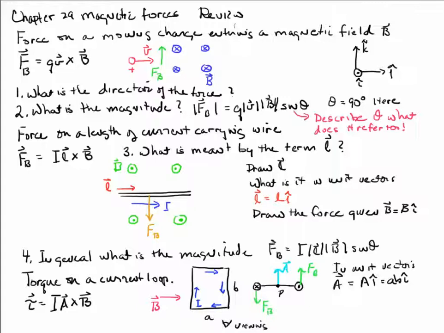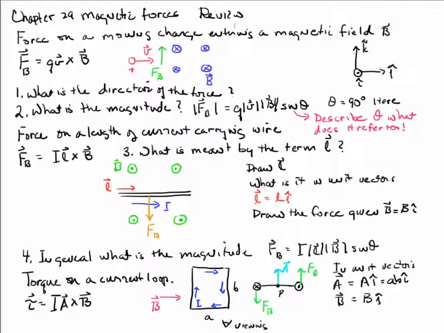Of course, A is given by a i hat, which equals ab i hat. Now remember, the sides of the loop are a and b, and that calculates the area. What is B? Of course, B is equal to B j hat.